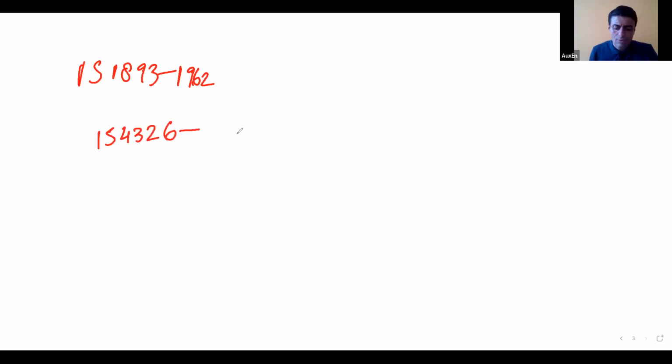I've written down these few things on a piece of paper. So IS 4326 was launched in 1967, five years after 1893 was launched in 62, and this dealt with earthquake resistant design and construction.